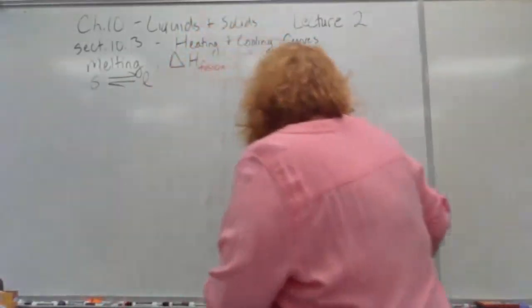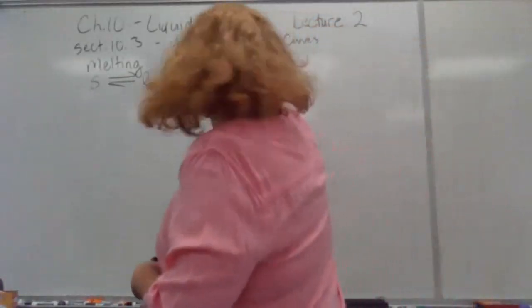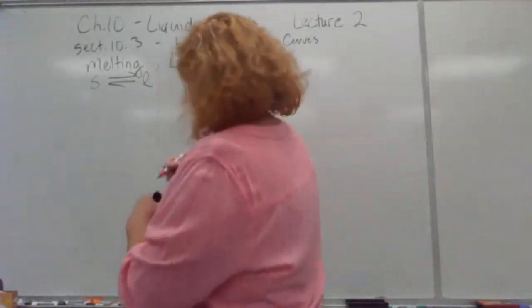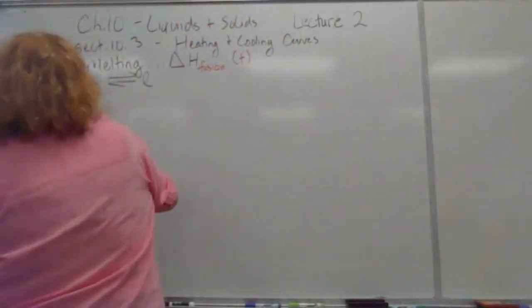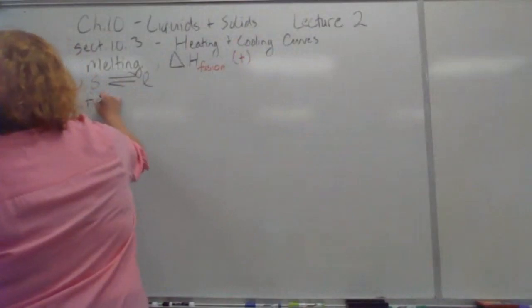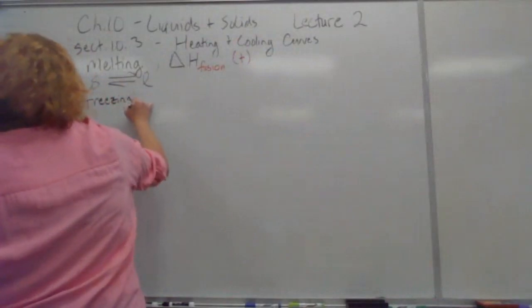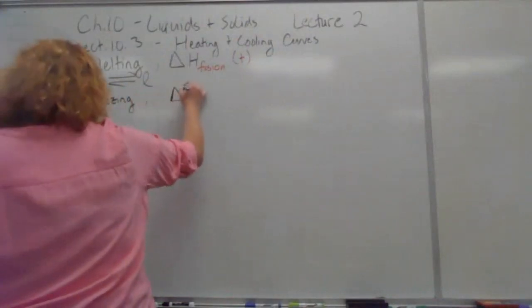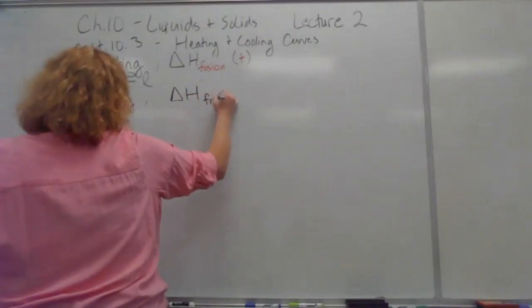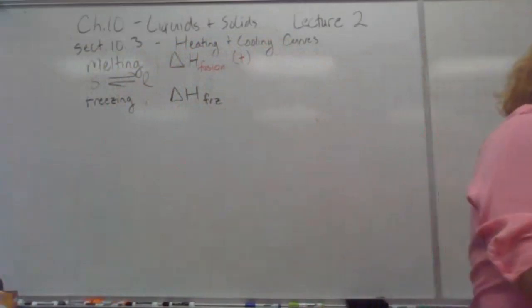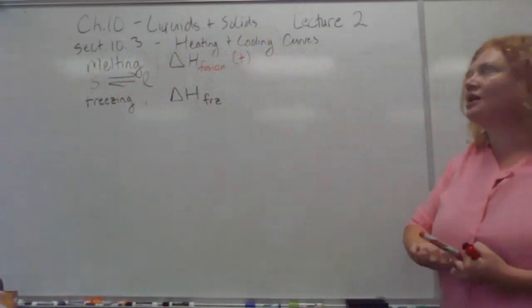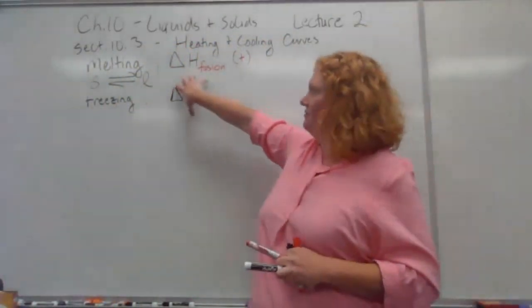But again, it is going to be positive, right? Because it's an endo process. So what is the reverse called? This is called freezing, and this delta H is called delta H of freezing. You will not often see this, though.